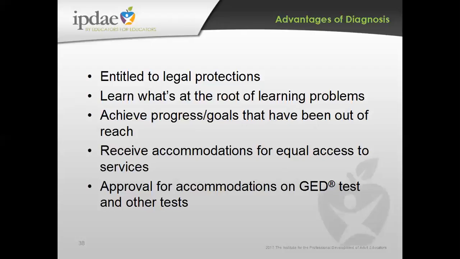But once they have a diagnosis, it may be possible. So accommodations, that's another concept to be discussed when you're looking at screening or diagnosis. And you can actually talk to students about the accommodations that are available on the GED test if and when they get to that point.